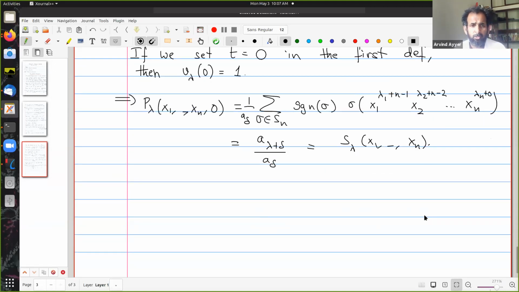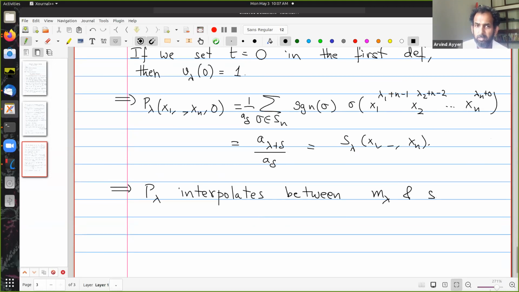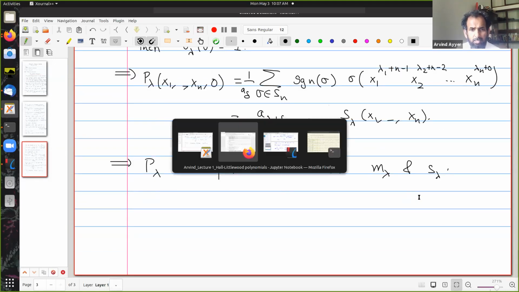Okay. So P lambda interpolates between the monomials and the Schurs. So monomials at t equals 1, Schurs at t equals 0. Okay, so we can check that also.